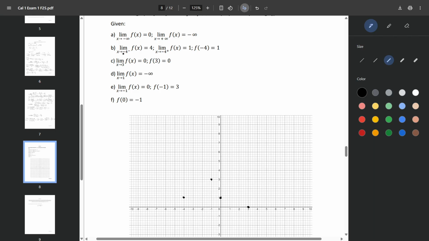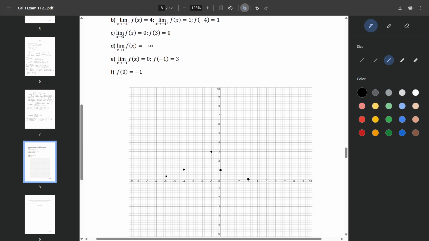So the next part is limit of x approaching -4 from the left of f of x equals 4. So that means that from the left side at -4, our value is going to be positive 4, and in this part, limit of x approaching -4 from the right side of f of x equals 1.